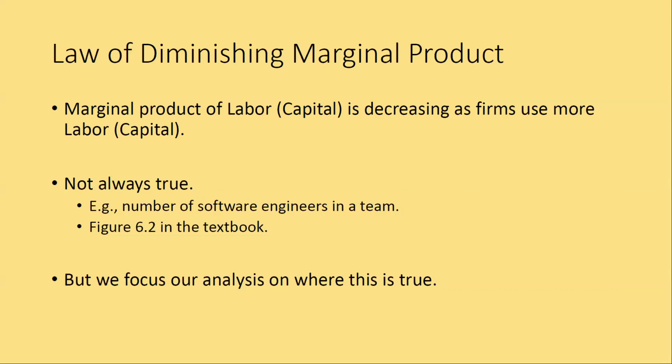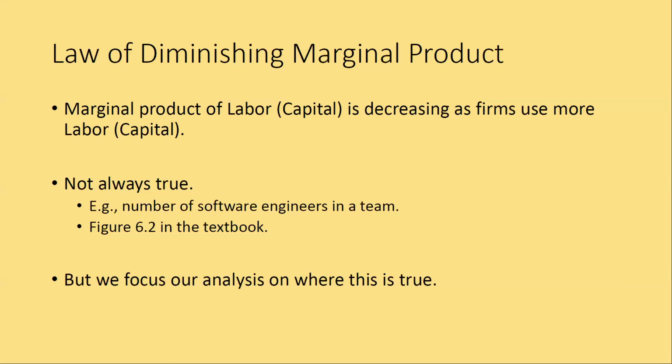However, as the number of software engineers in a team increases and goes beyond a certain threshold, we are having too many software engineers in a team, and this could start to make coordination a very difficult task.